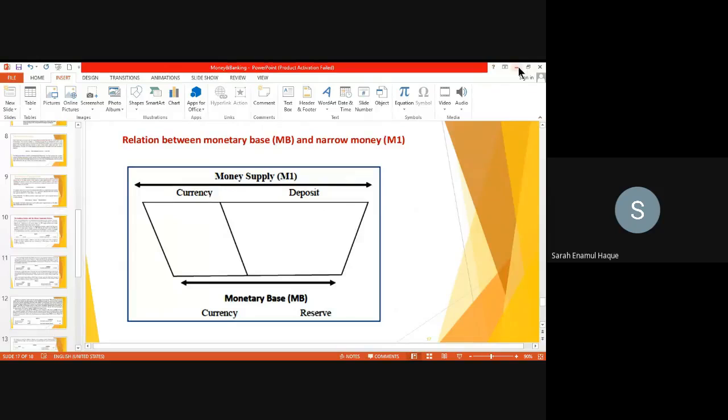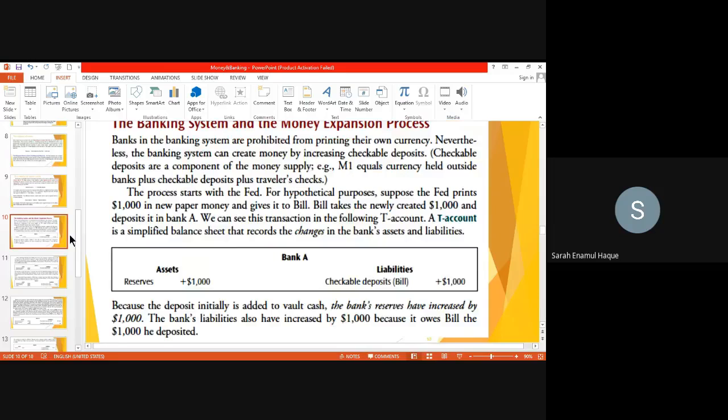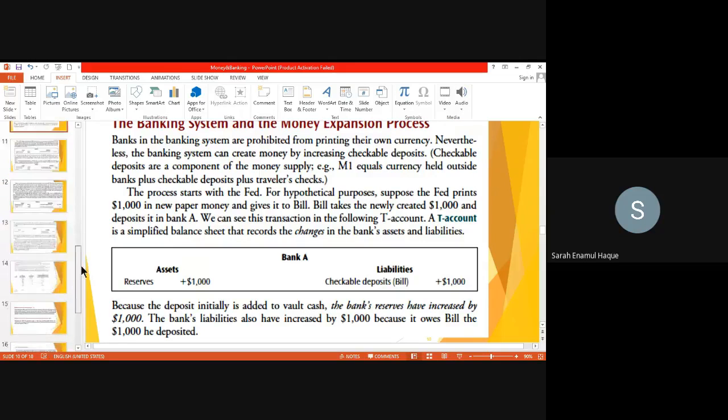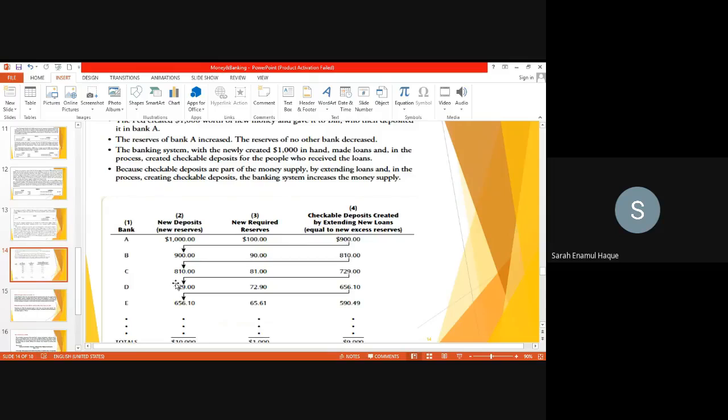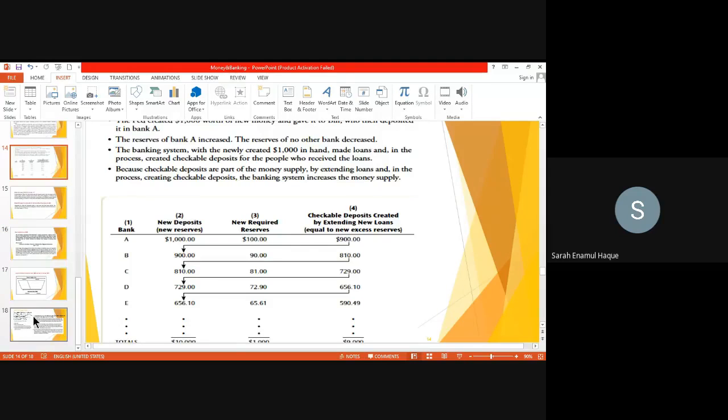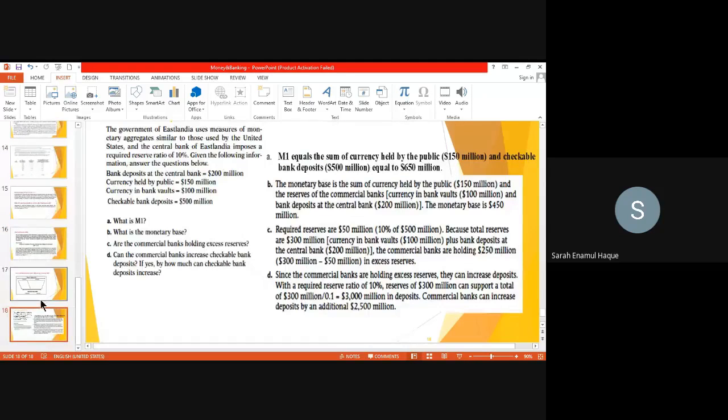No, that question is different. That scenario is different. Don't confuse that with the maths that we are doing now. There we were looking at the money creation process. But here we are looking at how much money is there as excess reserves.